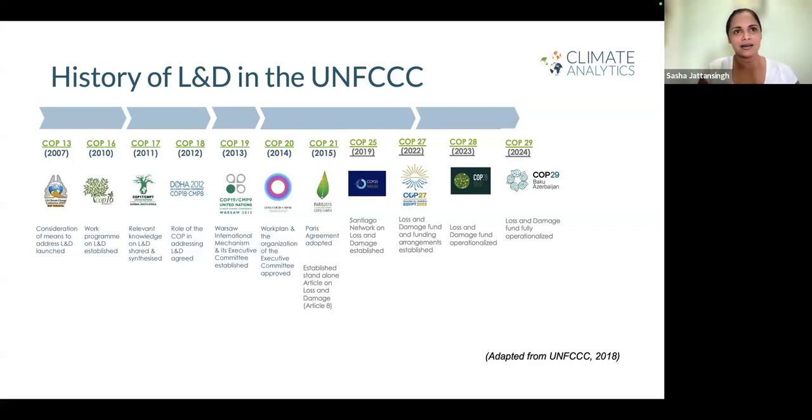This is a specialized body under the UNFCCC that provides technical advice, research and policy input into loss and damage. And then at COP21 in 2015, where the Paris Agreement was adopted, Article 8, a standalone article on loss and damage, was included, which really legitimized and formalized the importance of loss and damage in the UNFCCC and in the international climate change negotiations.